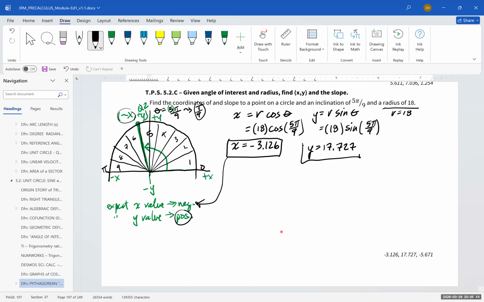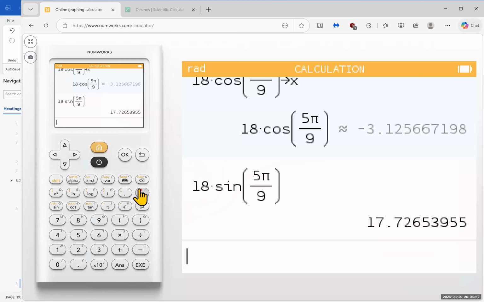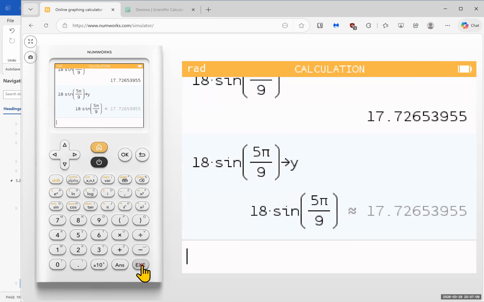It's positive, so that's good. And let me go ahead and store this value. So again, it's this orange arrow pointing to the right. I have to hit the orange shift button, followed by this one. And I want to store that now in y. So there's y. So alpha 3, execute. Okay, there it is.